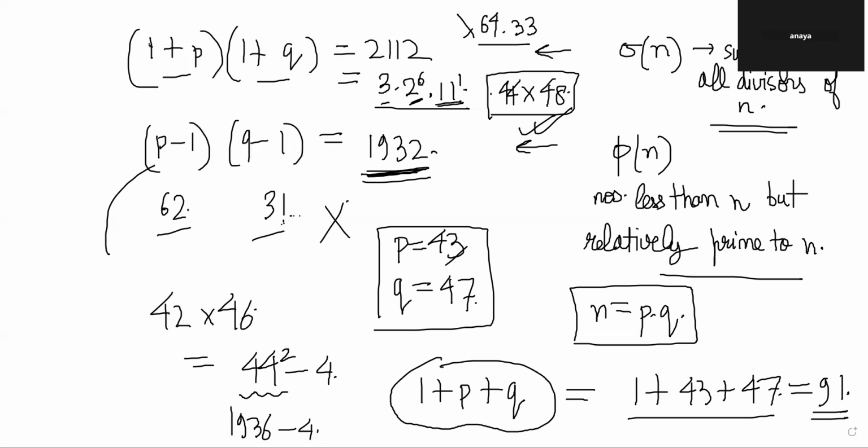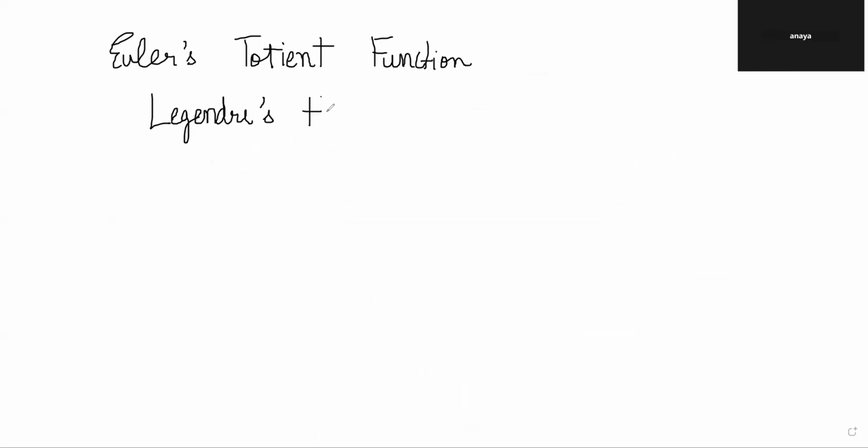But ultimately you have to learn about something called Euler's totient function, which is a generalization of this. And we'll also talk about Legendre's theorem. So these two things we'll discuss in the next class.